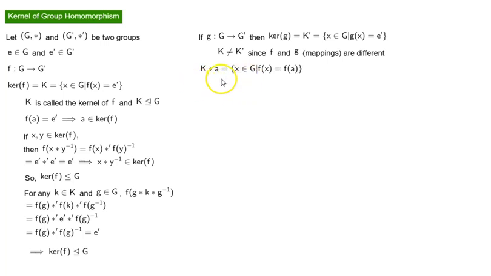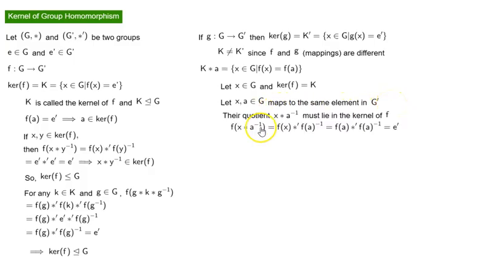Cosets: Ka will be in the kernel if f of x is equal to f of a. Let's see how we can make this statement. Let x be in G and kernel of f equal to K. Let x and a in G map to the same element in G prime. Their quotient x times a inverse must lie in the kernel of f.